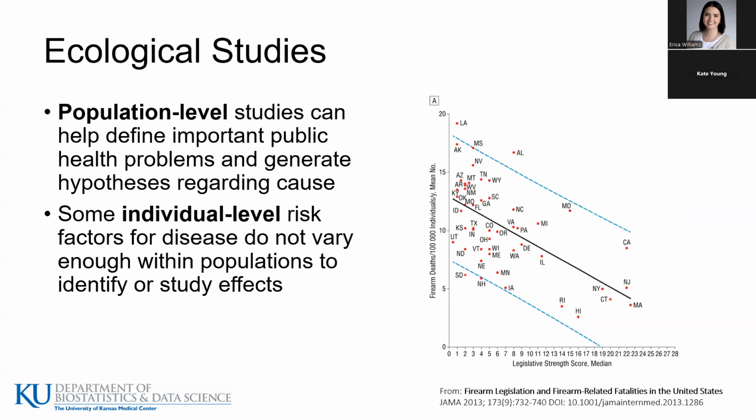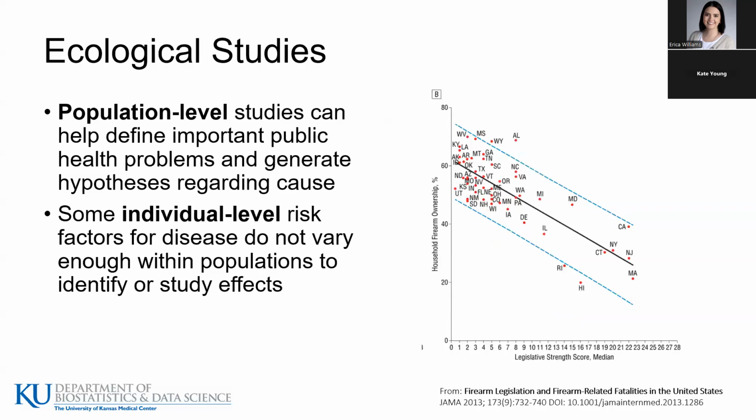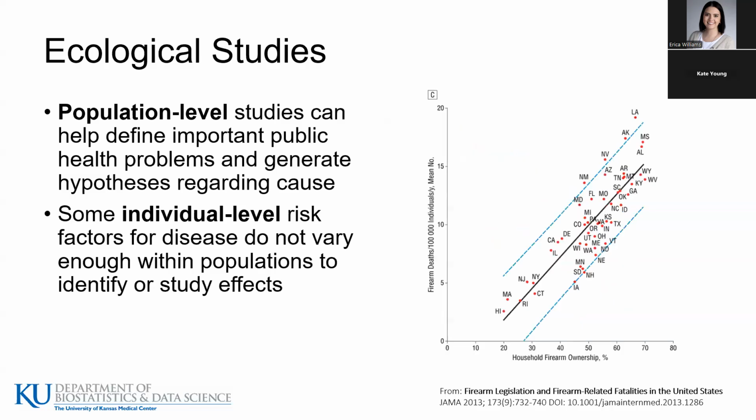Population level studies like this one can help us define important public health problems. Some individual level risk factors for disease don't vary enough within populations to identify or study effects, and that's one of the strengths of ecological studies: they allow us to look at these risk factors over a whole population.